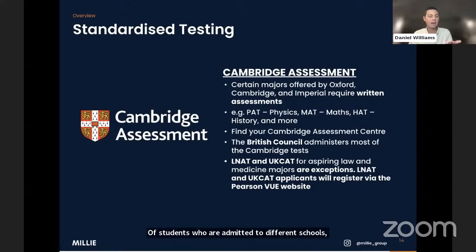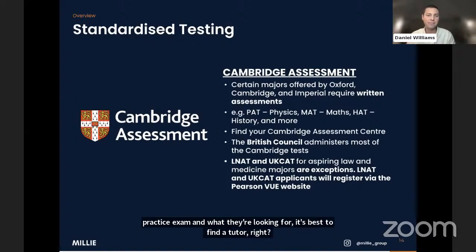And you can see based off of your practice test how close you are to that target score. If you're close, great. A little bit more studying should push you over the edge and you'll do fine. If there's a big gap between what you have taken for the practice exam and what they're looking for, it's best to find a tutor, because this is critical to your admission.